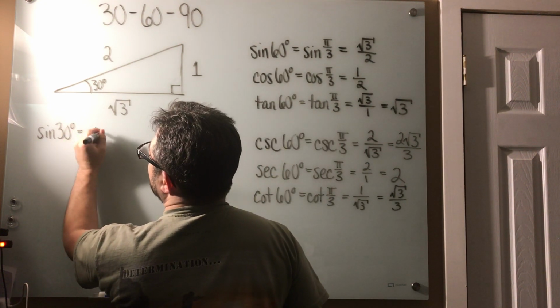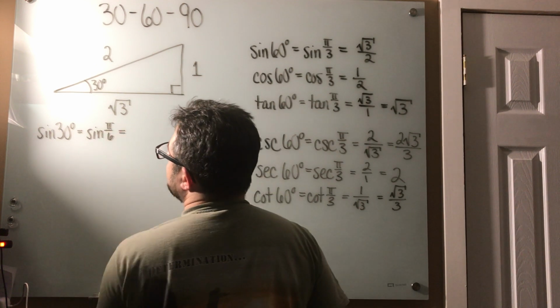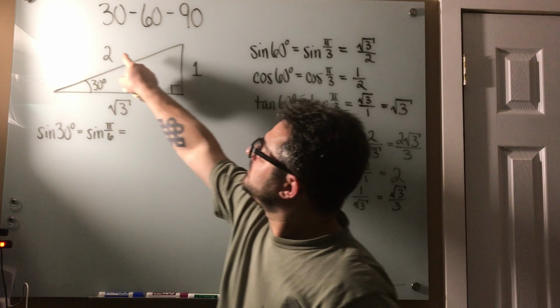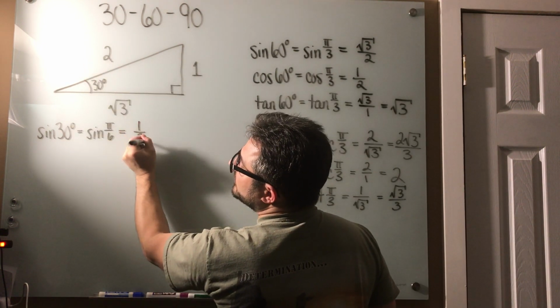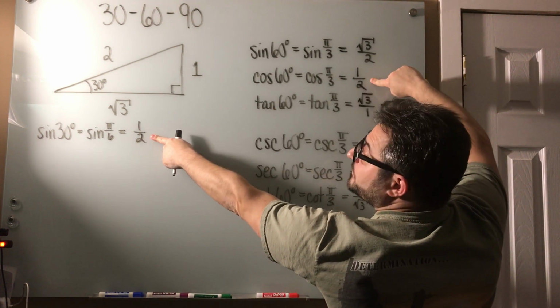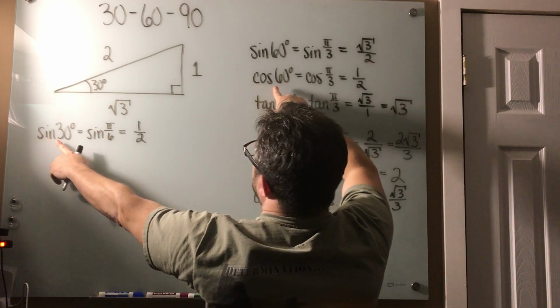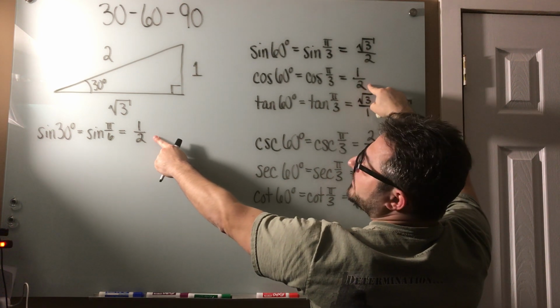So sine of pi over 6 radians. So sine is again opposite over hypotenuse. Note that that's the value that we had up here for cosine. So we have cofunctions of complementary angles are equal.